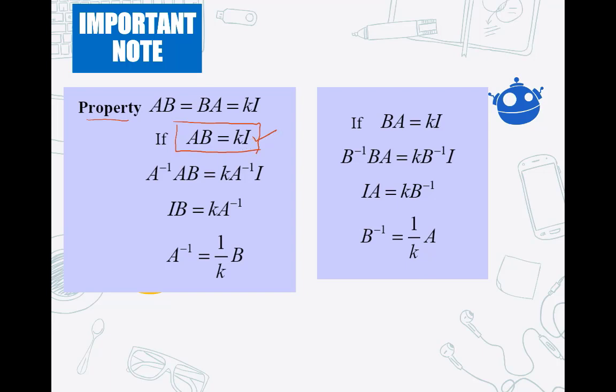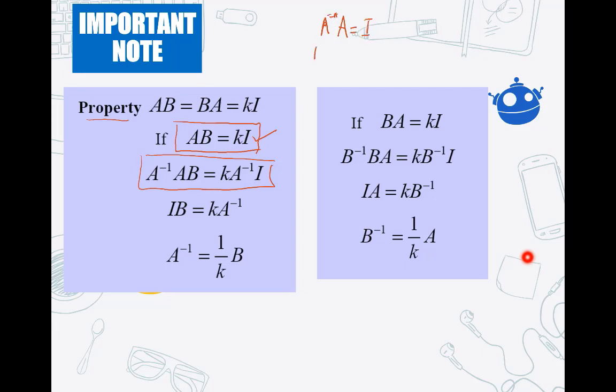So how are we going to find A inverse? We will be introducing A inverse on the left hand side and on the right hand side. Now very important students, this is a very important note. You must understand that when A inverse multiplies A, we will be getting identity.